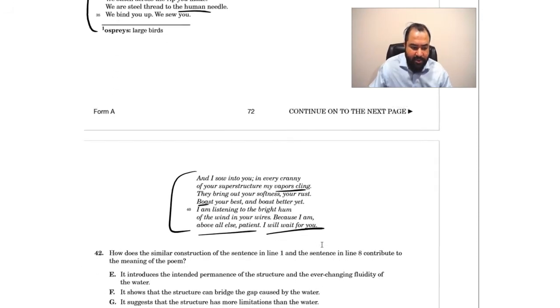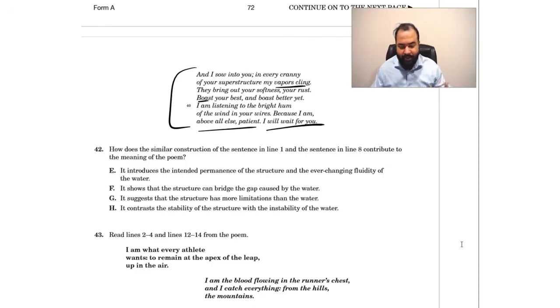So let's answer the questions. It's very important that you understand the poem before answering the questions. Then it says, how does the similar construction of the sentence in line 1 and line 8 contribute to the meaning? Line 1 and line 8 have similar construction, and we want to know why.